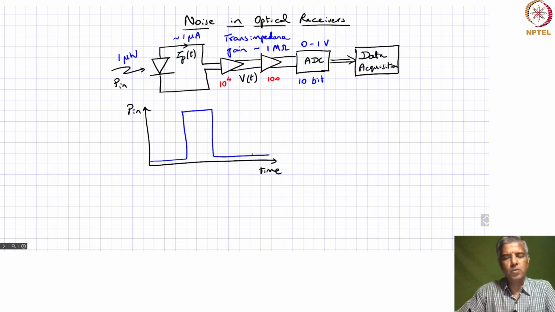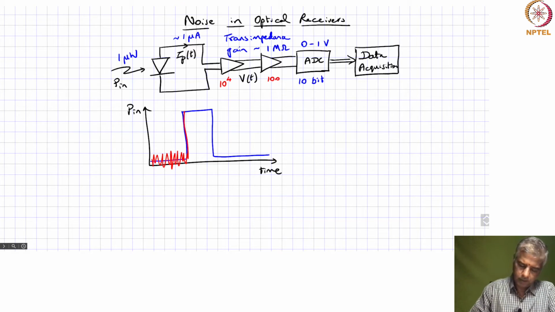Okay, so this is what we should be detecting, but in reality, when we convert this to a photocurrent and then try to amplify that, we end up adding noise to this optical signal. So eventually, when we look at the signal, it may not be exactly like this.